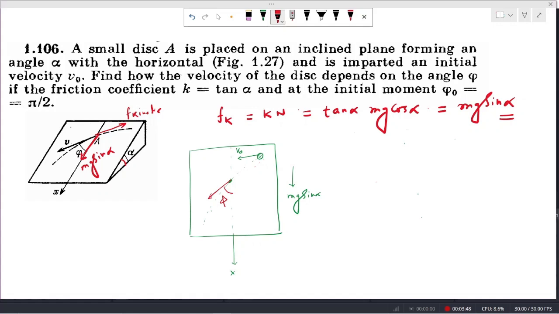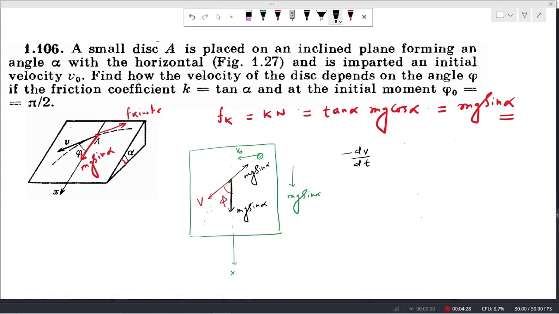Now we can clearly see this kinetic friction, which is equal to mg sin alpha, will always be opposite to velocity. So this is the force mg sin alpha here, and there will be another force acting down the incline like this, and this will again be mg sin alpha. Since friction is exactly opposite to its velocity, and the component of its weight is at some angle with the speed, the speed will decrease, and we can write the rate of change of speed.